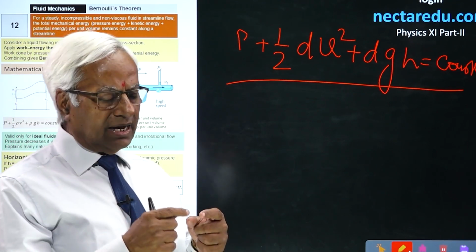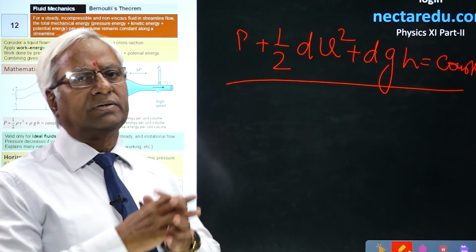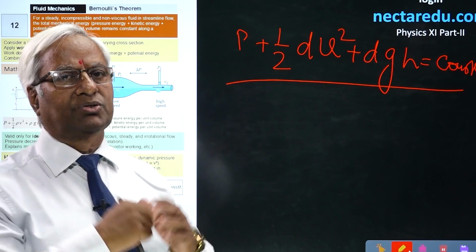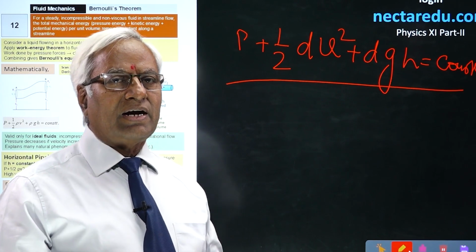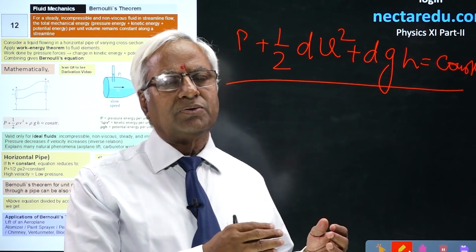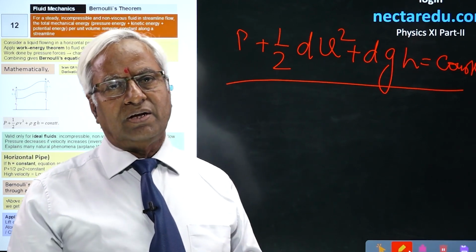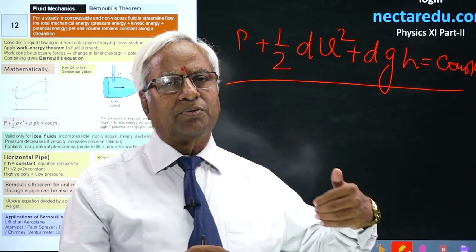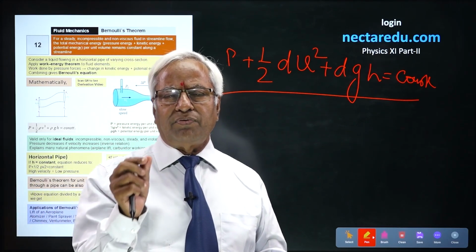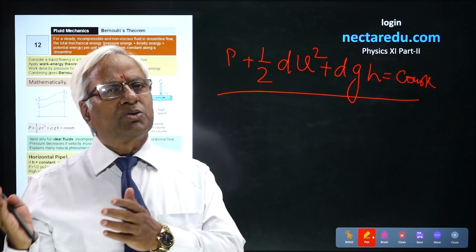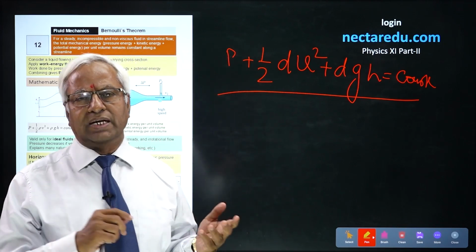If the fluid is ideal, it simply means it is incompressible and non-viscous. No fluid could be ideal. Remember, liquids are viscous but incompressible, so 50% of the criteria is okay with liquids. Gases are highly compressible but very low viscous. So there also you can't say that gases are completely ideal in nature, or even the liquids.